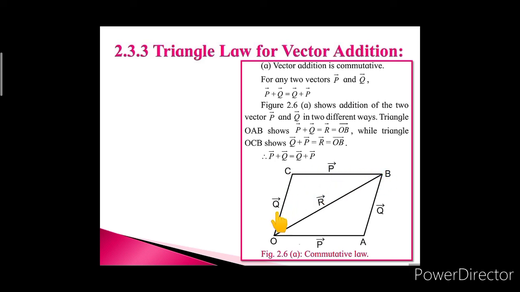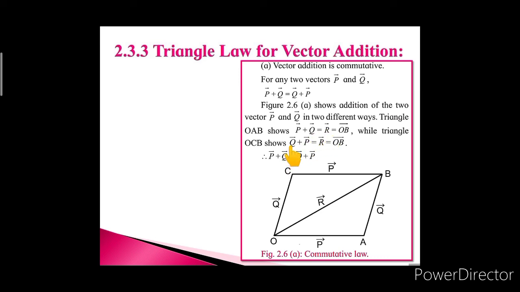When we add vector Q plus vector P, the third side of the triangle gives the resultant, and we get the resultant R from O to B, which is vector OB. So as you can see, for vector P plus vector Q we get the OB vector, which is the resultant vector.